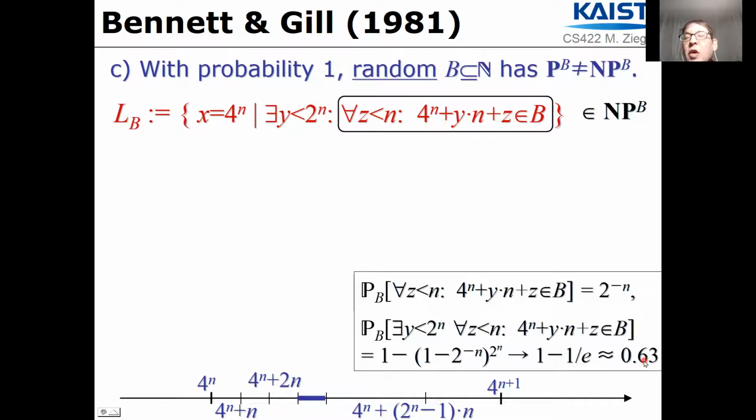So this is a constant probability. That's the message here: we have exponentially many events, each one is exponentially unlikely, but the probability that at least one of them holds is constant. So every element x of this form, we're not talking about x's of other form, is contained in the random oracle with a constant probability.